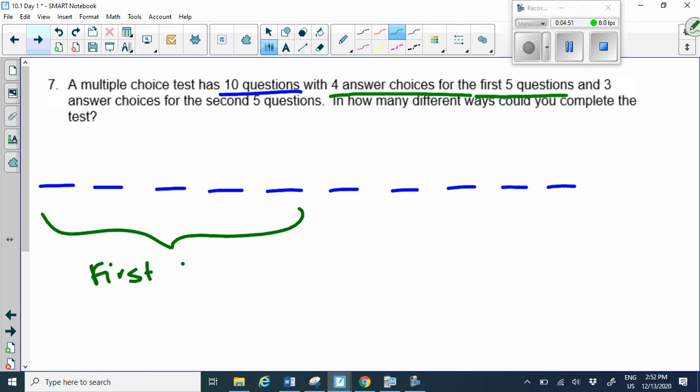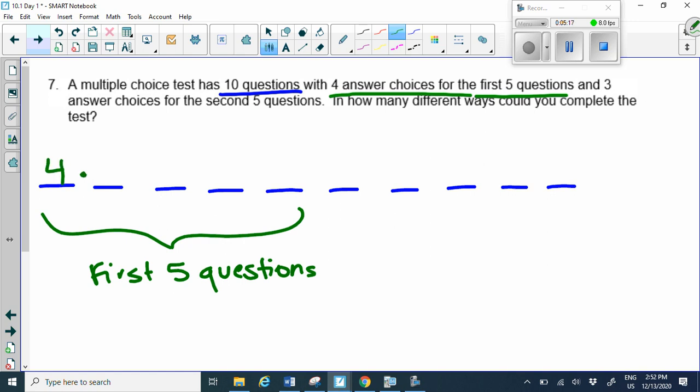Okay. And I have 4 answer choices. Now, when we are doing a test, you usually have, let's say, A, B, C, D. You can choose A for all of those, right? Or you could do A, B, B. So that means that you can repeat the choices if you want to. So if we think about the first question, how many options can I choose from? 4.